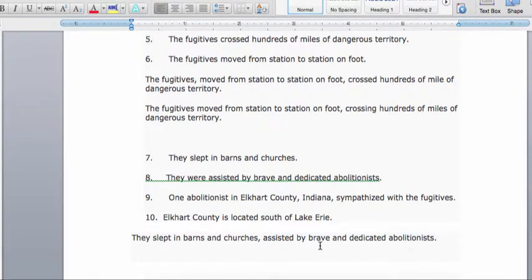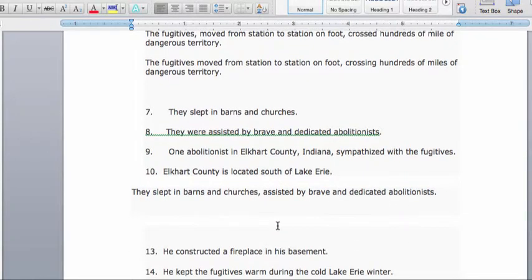Then I got these crazy ones down here. So let me see what's being reset here. Elkhart County, Elkhart County. So I have to take Elkhart County here and get it somewhere up near here using an appositive.